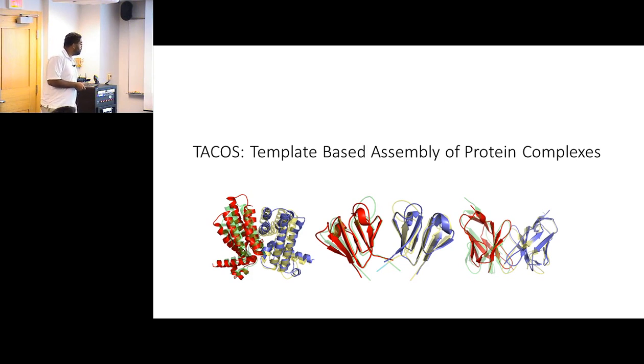And so here are some examples of my shining rays of hope of possibly graduating one day. The red and blue are some models generated by the TACOS pipeline, and these faded out green and yellow structures are the actual native protein complexes.